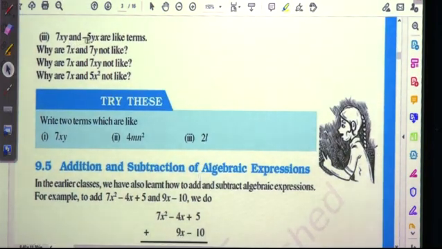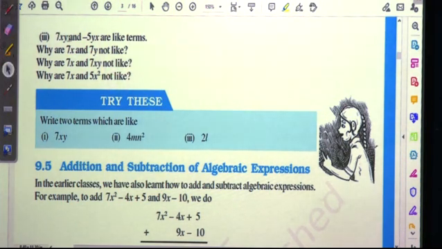7xy and minus 5yx: xy and yx are one and the same, no problem. It means if you write xy as yx, it can work, not a problem.